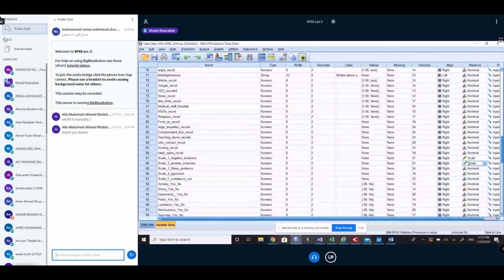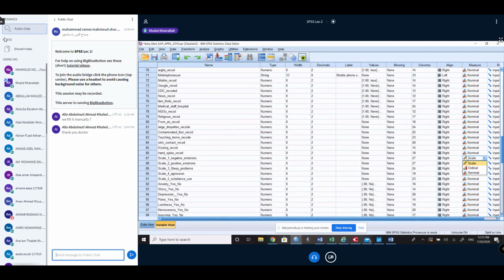So a scale is when you have values that you can assess and measure using a scale. Now a scale means a ruler, the ruler is the measure that we use to measure the variable. So this scale, the ruler, will be nominal, ordinal or scale.